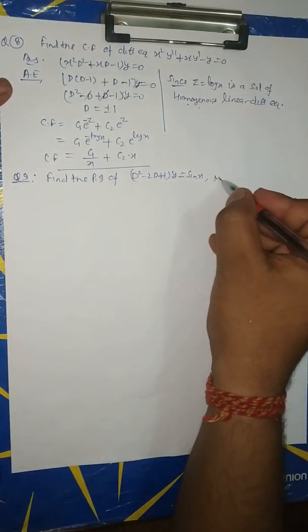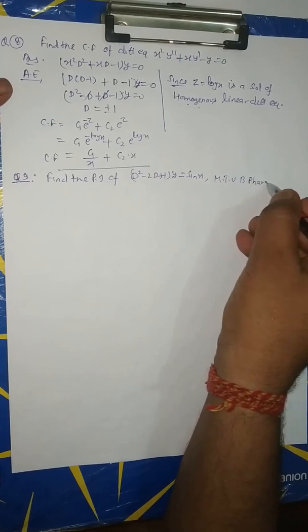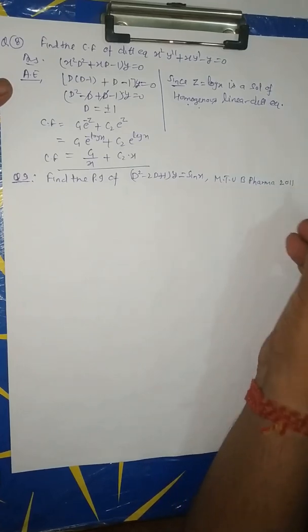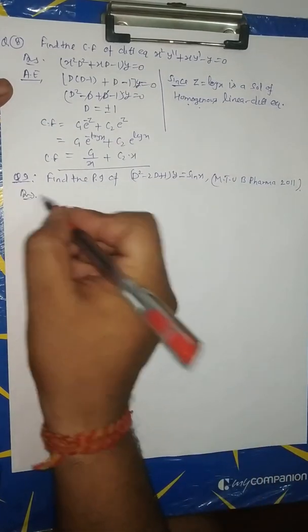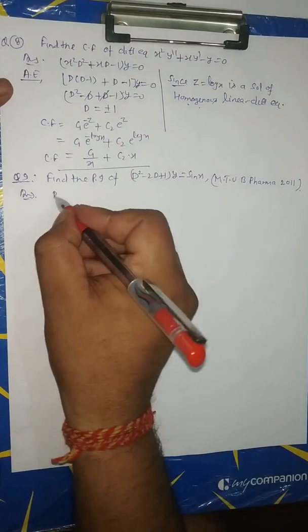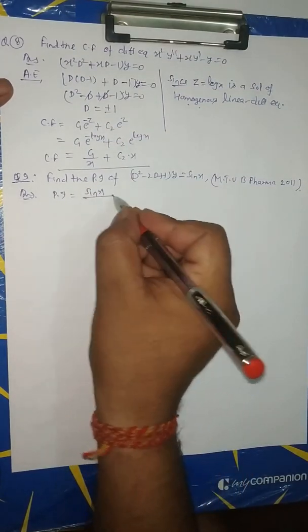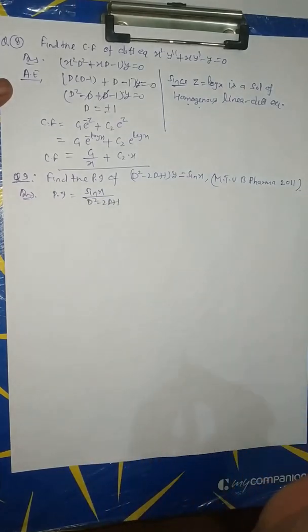This has been asked in MTU B Pharma 2011. Now answer, PI equals sin x upon D square minus 2D plus 1.